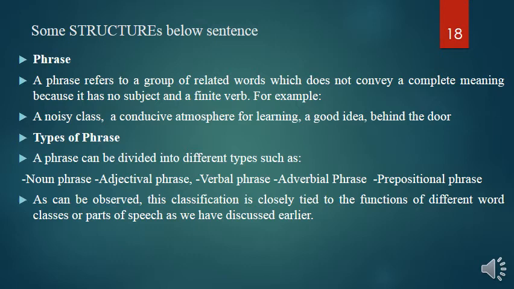For instance, when you say a noun phrase, you can have a noun with other elements. Also in an adjectival phrase, you can have an adjective with other elements, but without a complete meaning.